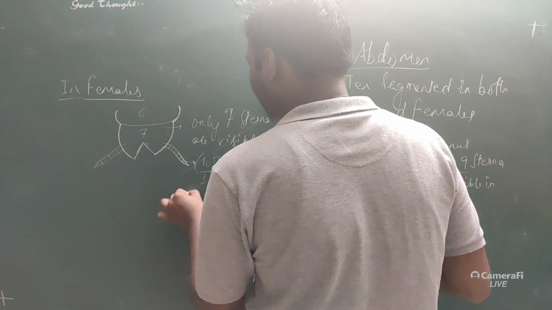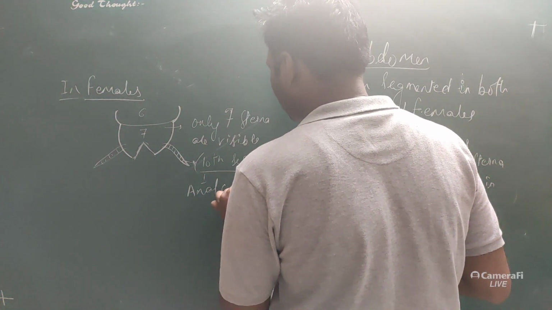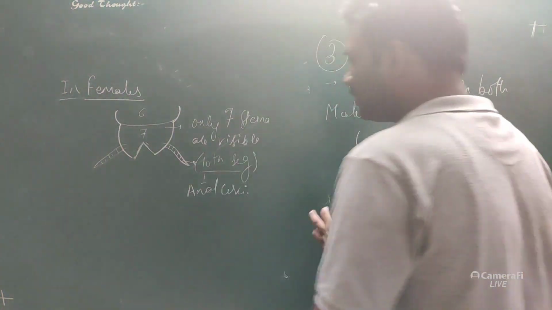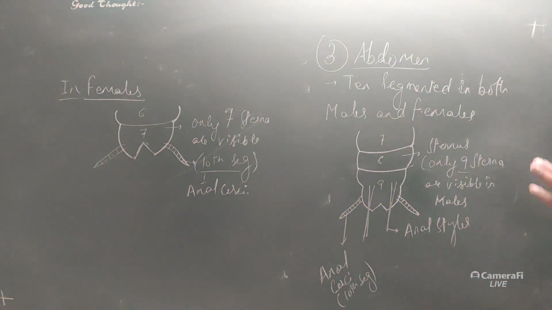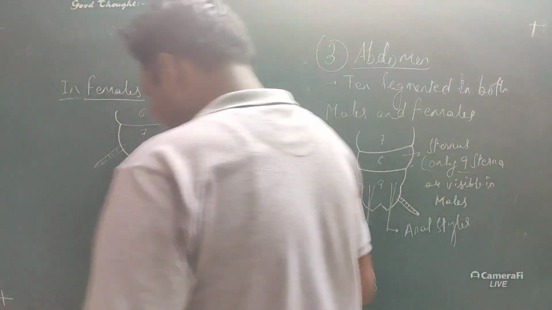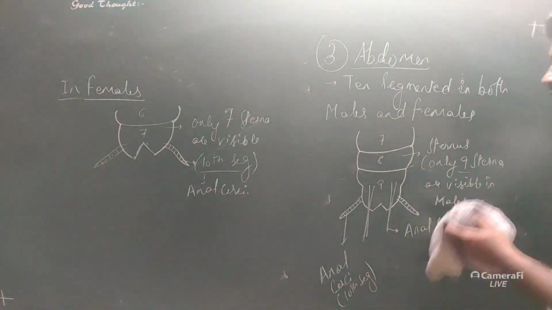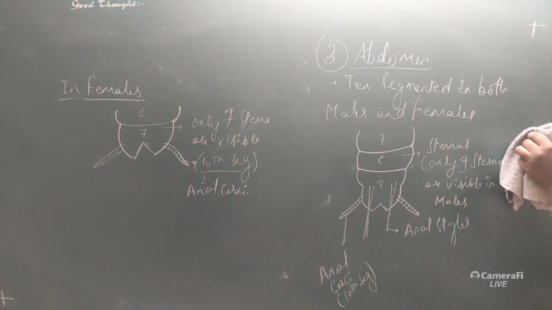So this is the basic difference between the abdomen of the male and the abdomen of the female cockroach. Next, let's see the differentiating points between male and female. You can draw this and we'll move further.